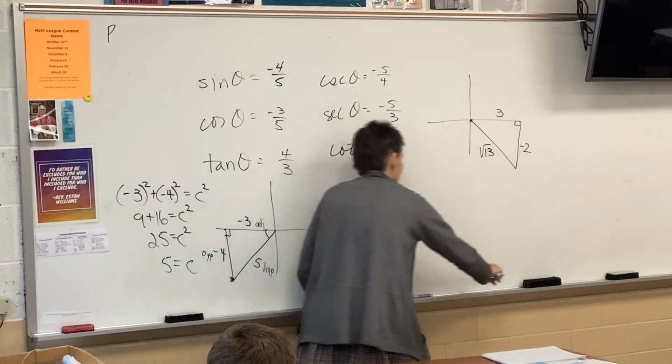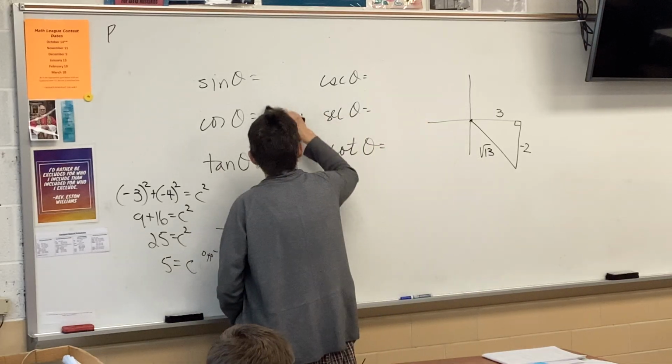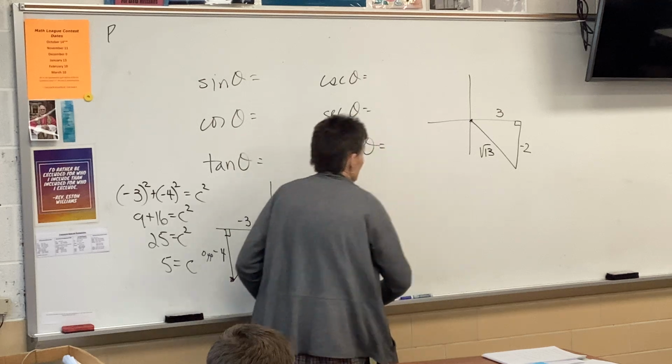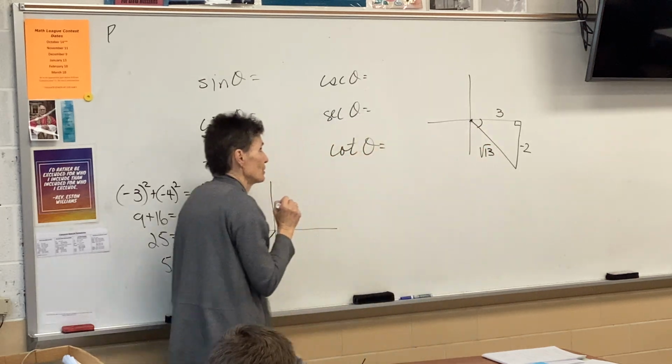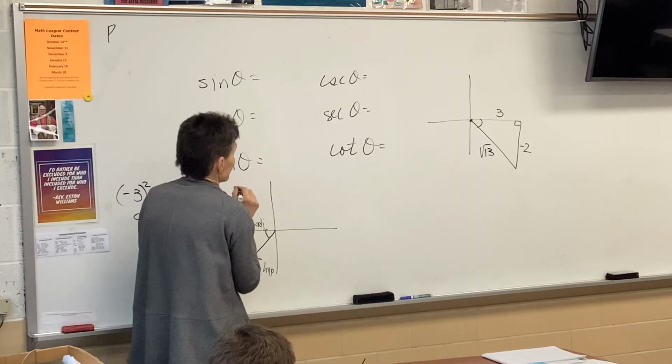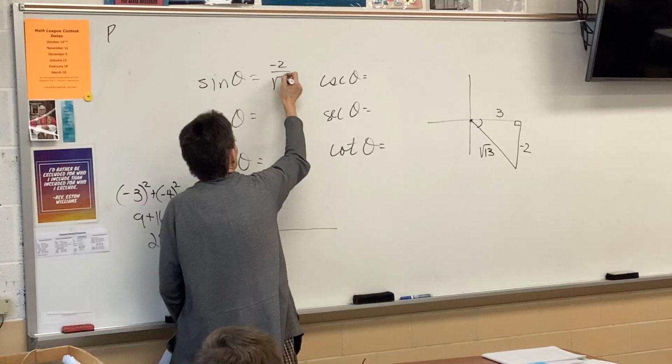And now we're gonna fill in our things. Remember, this is always the angle right here, always at the origin. So what's the sine? Negative 2 over root 13.